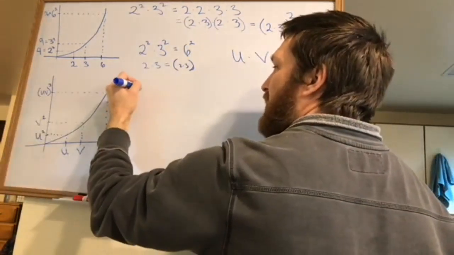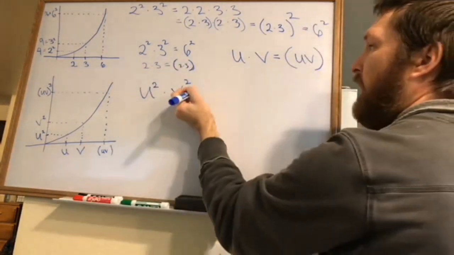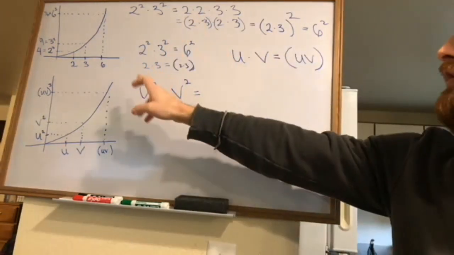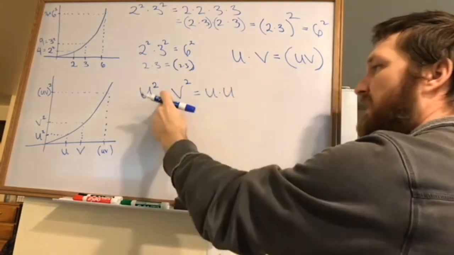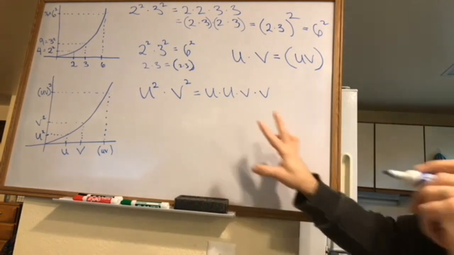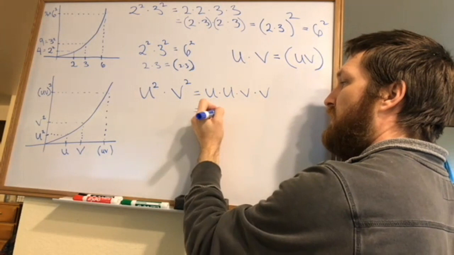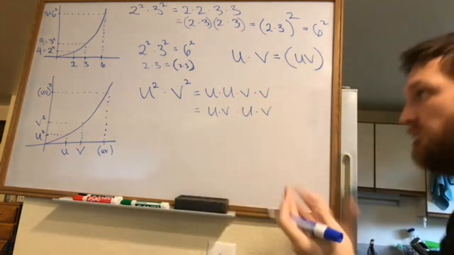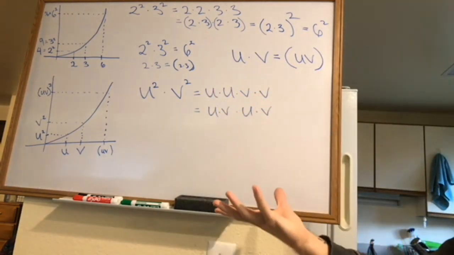That times that is U squared times V squared. And I'm going to follow the same line of reasoning up here. I'm going to say, well, U squared is just U times U. V squared is just V times V. I could rearrange these orders, and I get U times V times U times V. Do you believe that we could do multiplication in either order and we get the same thing?